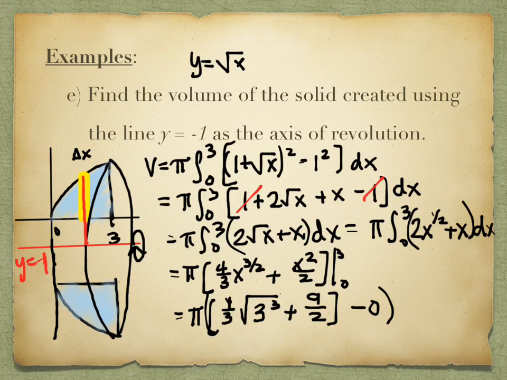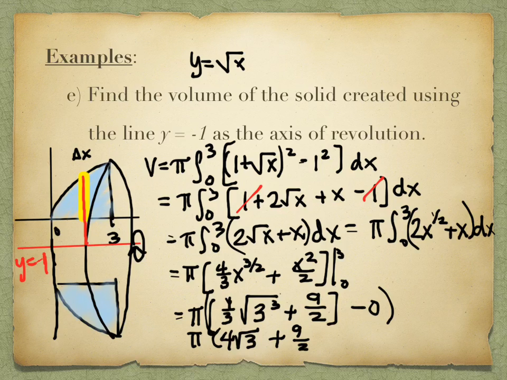All right, square root of 3 cubed is what? It is 3 square roots of 3, right? And then I multiply that 3 by 4/3, and I should just be getting 4 square root of 3. Okay? And then plus 9/2.